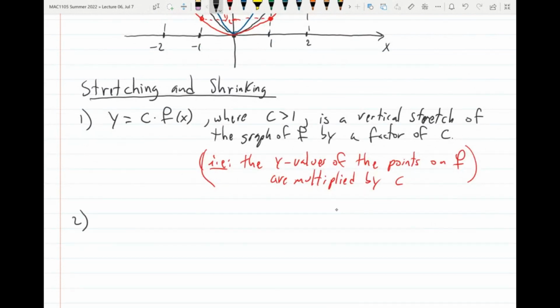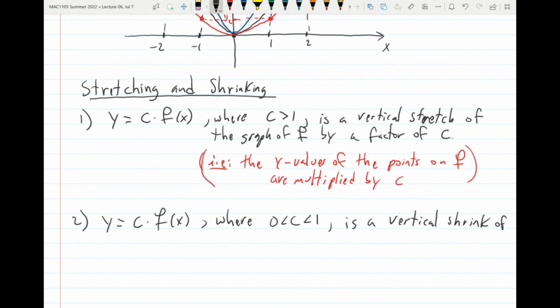And then similarly, if instead you multiply the function by a number that is between 1 and 0, okay, so if y is c times f, where c is between 0 and 1, this is going to be a vertical shrink or compression of the graph of f by a factor of c.